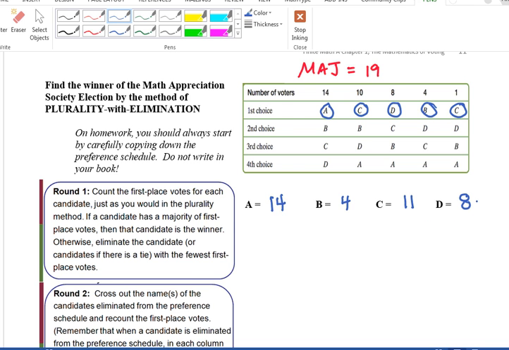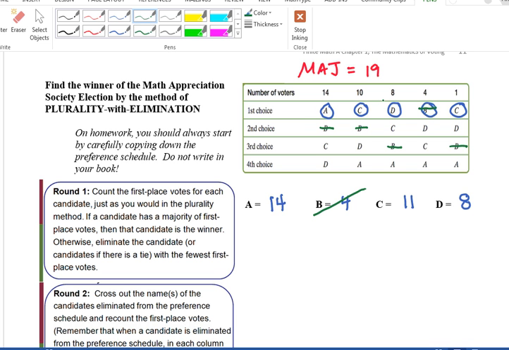And you will check and see, does someone have a majority? No, nobody has a majority. So we're going to eliminate the least fit candidate. I look and I say, okay, who has the least number of first place votes? That's candidate B. I'm going to get rid of him, and then I'm going to go up to the chart and eliminate him from the chart.